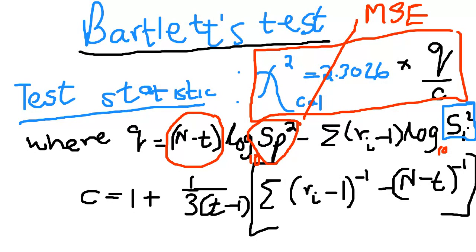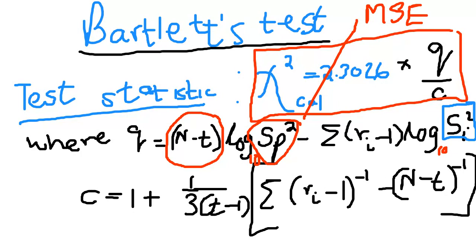You will say 5 minus 1 multiplied by the logarithm of base 10 of the sample variance of that treatment, plus you move to the second treatment. How many replications do you have? If you have 5 again, 5 minus 1 multiplied by the logarithm of that sample variance, and so on up to the end.